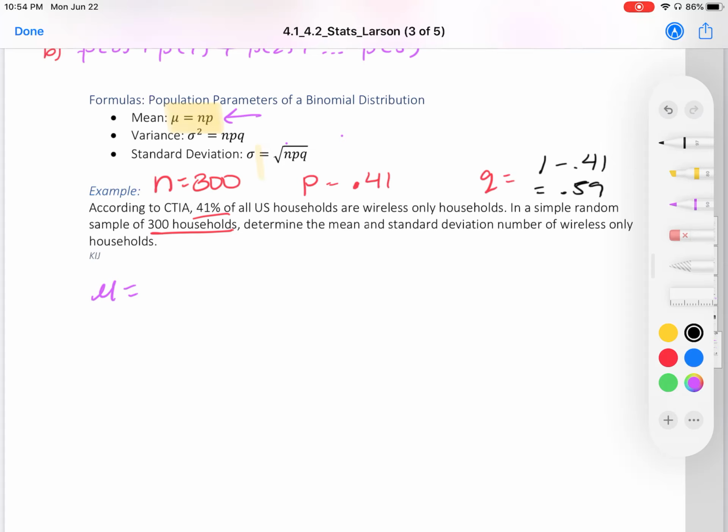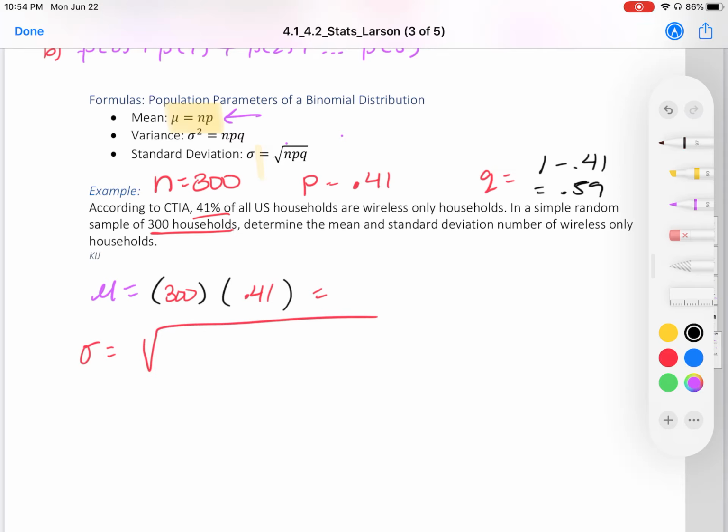All right, our mean is n, and we're going to multiply it times p. What are these numbers? Our n is 300, and our p is 0.41. Cool, multiply them, that's your average. It makes it much easier once you figured out your variables, that when you follow the formula, you have everything written down. All right, lastly, our standard deviation.